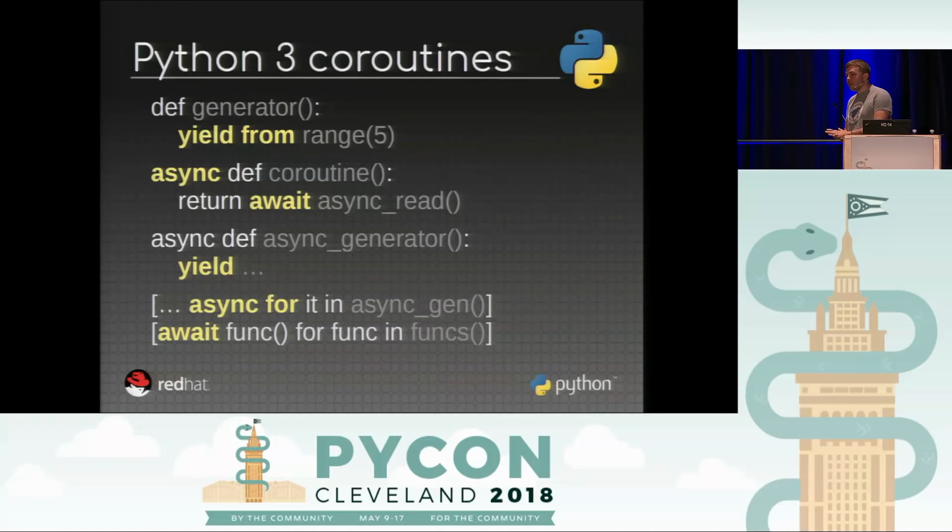For asynchronous programming, the first change was to add something called generator delegation, the yield from. So asyncio started to use this one because it's a nice way to write asynchronous code.